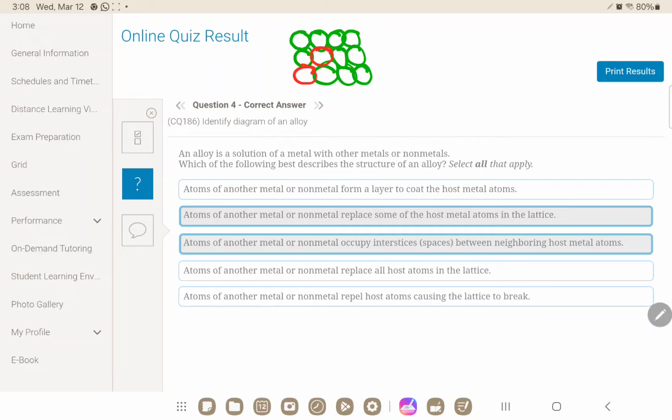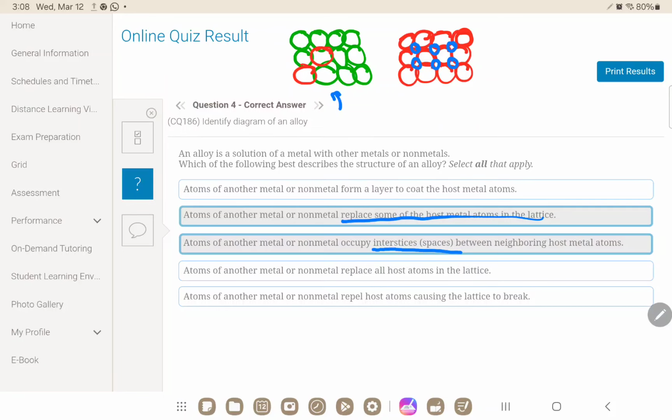Or it could be, let me draw the second metal as red, something like this. I'm not drawing really carefully. This is a different type of alloy. This is the one where it can either replace some of the host metals, as we can see here, or it can occupy the spaces between them, like here. Moving on.